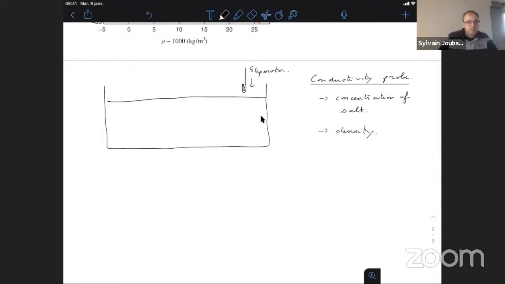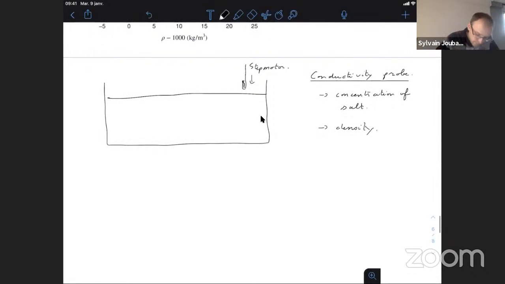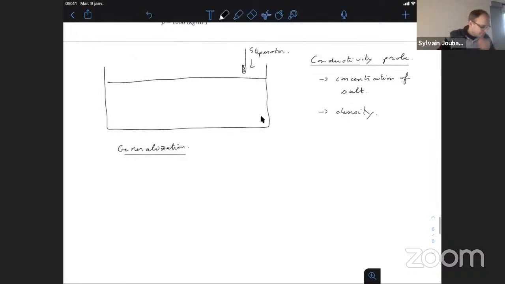So that's for linear stratification. I will just say a word on the generalization. We can adapt this for any stratification and any tank shape.